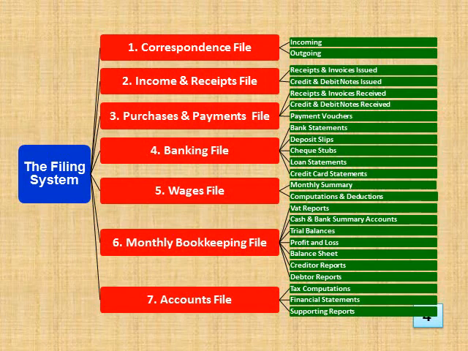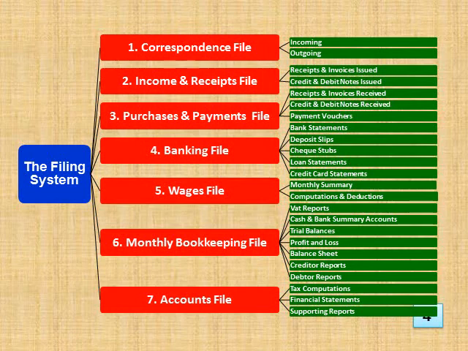4. The banking file for bank statements, deposit slips, check stubs, loan statements, plus credit card statements. 5. The wages file for monthly summaries, plus computations and deductions. 6.